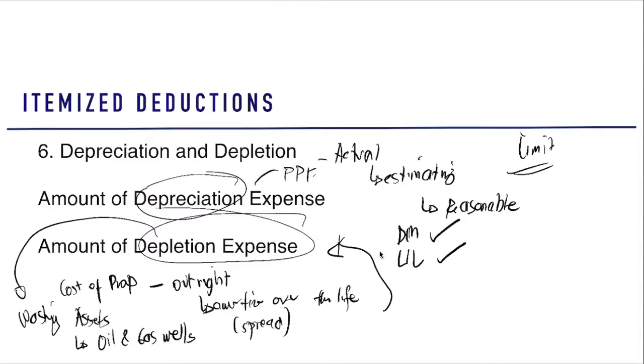So this is one of the normal types of wasting asset for depletion. Okay. So for itemized deduction as depreciation or depletion, again, this is based on your actual amount. And what is the actual amount of depreciation or depletion? Based on the reasonable amount of your method of depreciation, including the useful life.